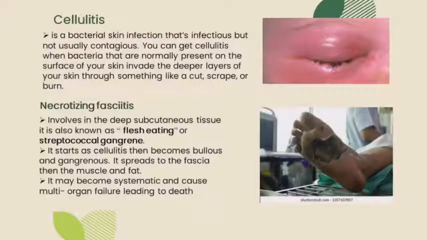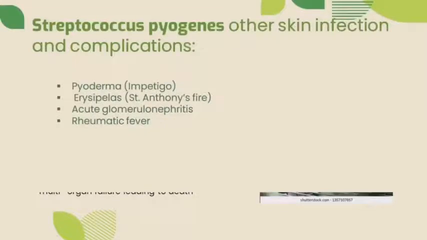Necrotizing fasciitis, involving the deep subcutaneous tissue, is also known as flesh-eating or streptococcal gangrene. It starts as cellulitis, then becomes bullous and gangrenous. It spreads to the fascia, then the muscle and fat. It may become systemic and cause multi-organ failure, leading to death.